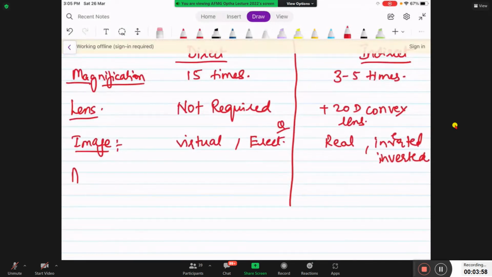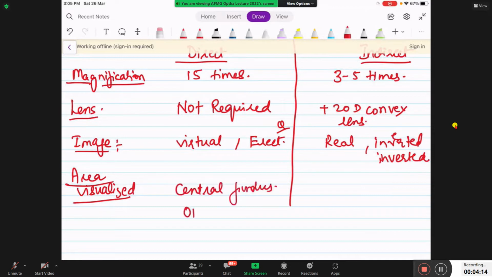Talking about the area visualized through direct ophthalmoscopy, you can only see central fundus. Central fundus can be only seen. That means optic disc plus macula can only be seen through direct ophthalmoscopy.